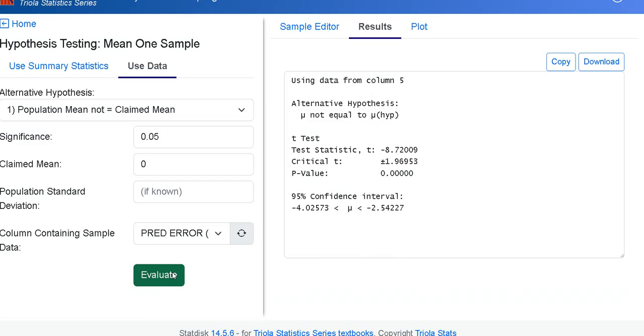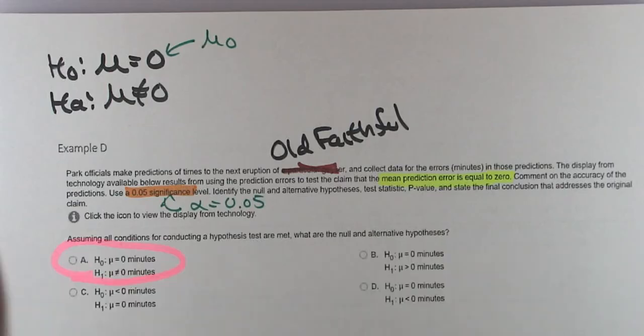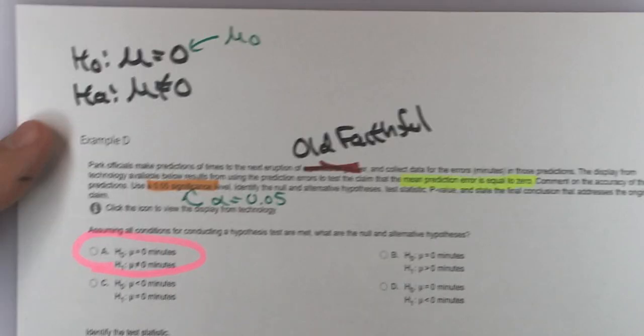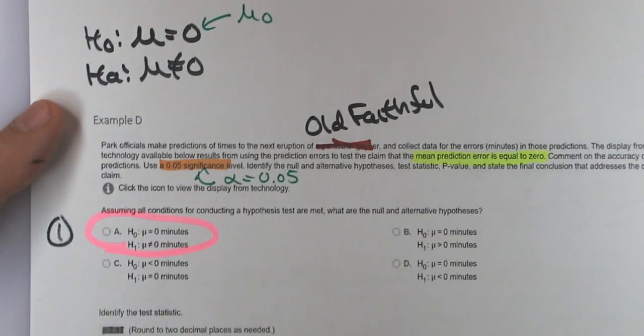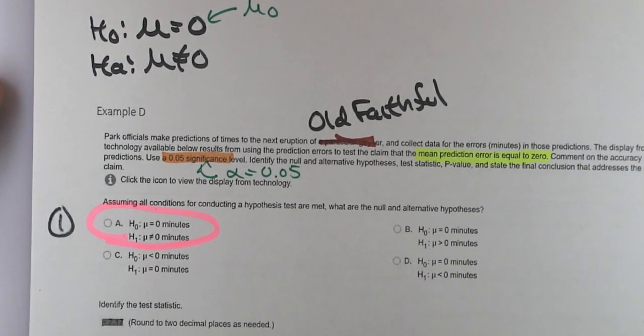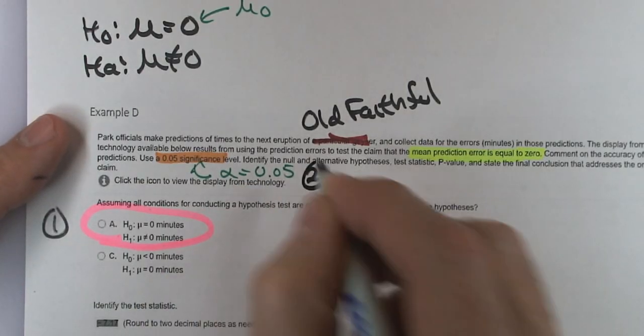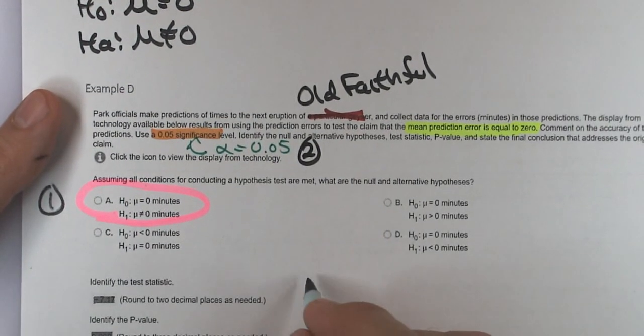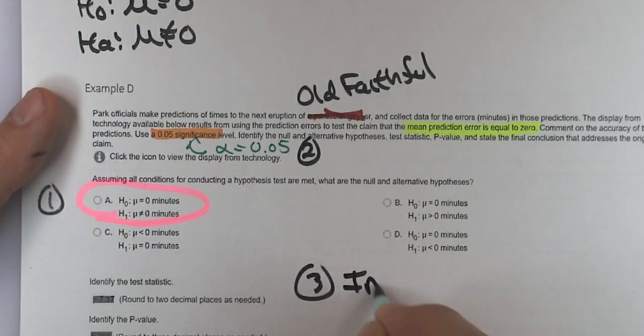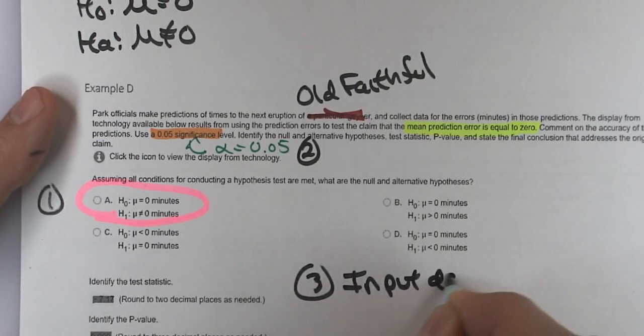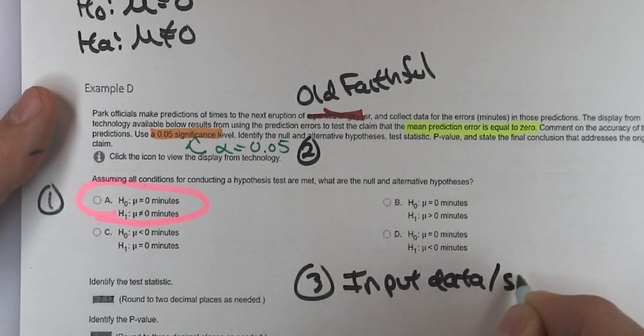So let's run through a few steps here and work through our analysis. Step 1 is to state the null and alternative hypothesis. Step 2 is to decide on alpha. Step 3, input the data or summary statistics.